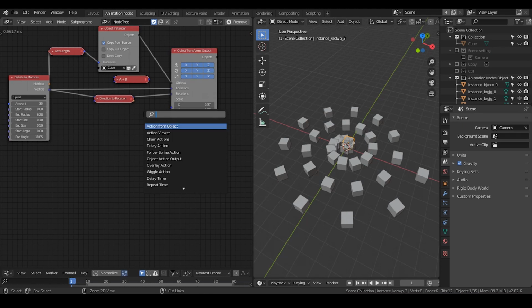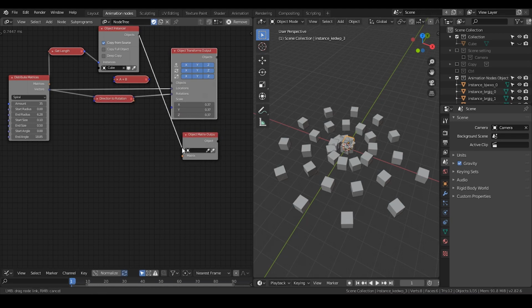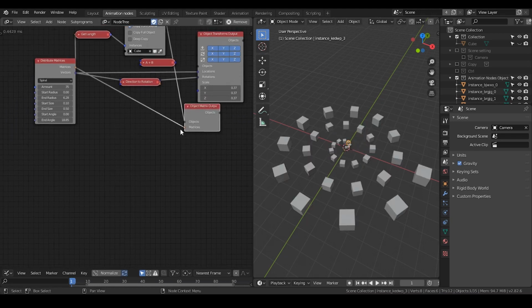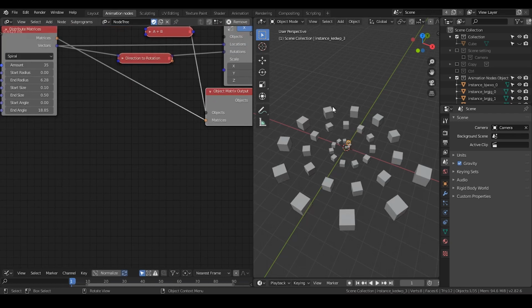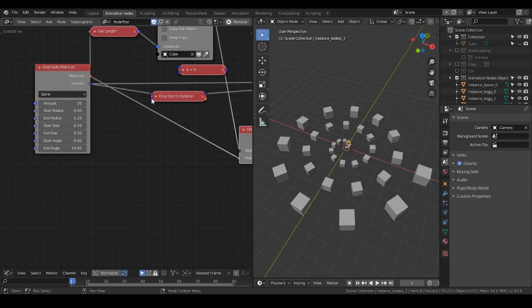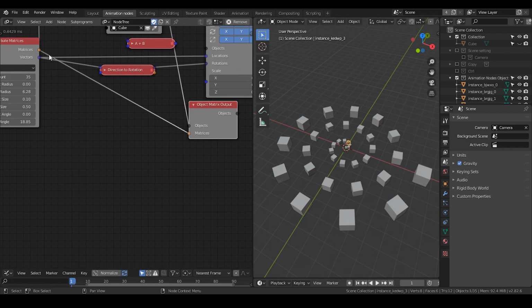But if you're using the matrix, the object to matrix output, and put the matrix into that, now I can see there's a change in the scale because it's also something that has been mentioned in the setting. So basically matrix contains more info, but it's much less intuitive about how to add and subtract.